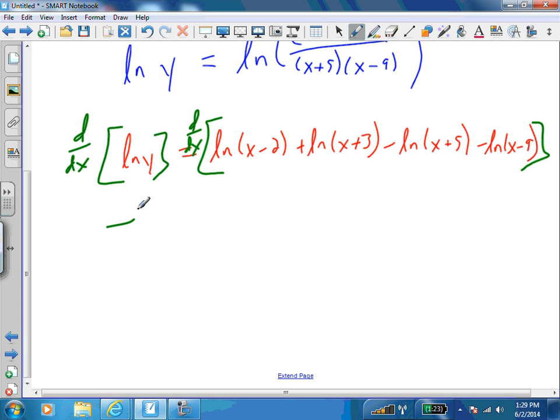Yes. So this goes on bottom. The derivative of that goes on top. So the derivative of y with respect to x, we can call that dy over dx. Or you could call it y prime. We'll go with dy over dx.